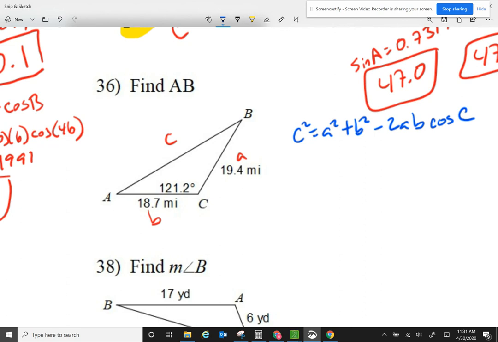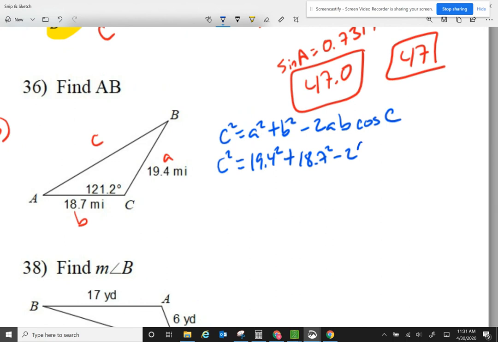Okay, so I don't know what C squared is. I don't know anything about little c. Now, A is 19.4, so I have this as 19.4 squared plus 18.7 squared minus 2 times 19.4 times 18.7 times cosine of 121.2.